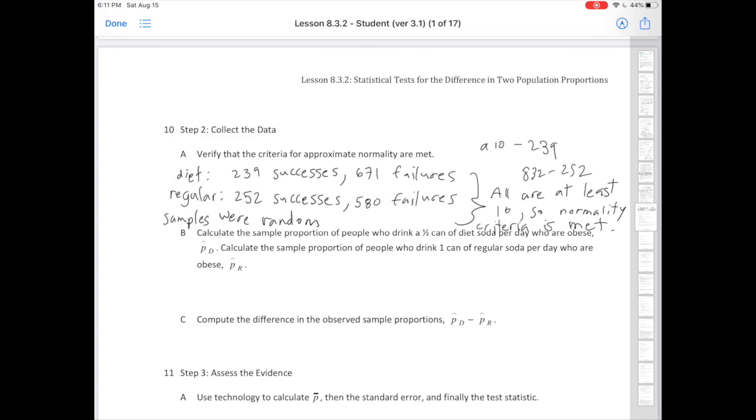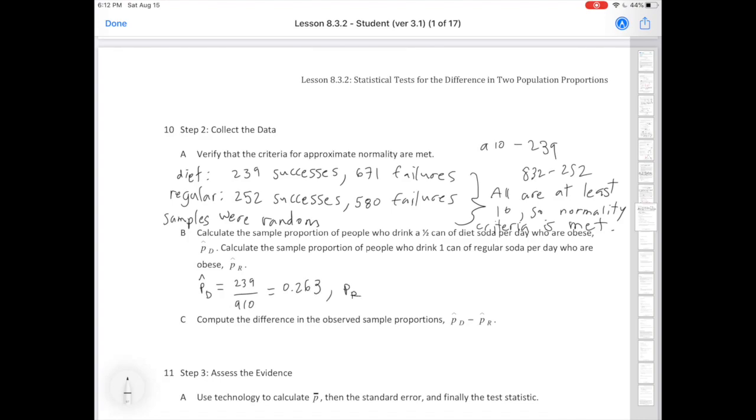So for the diet soda, remember we had 239 obese people out of a sample of 910. So our PD hat is equal to 239 out of 910. So if we divide those, we get 0.263.